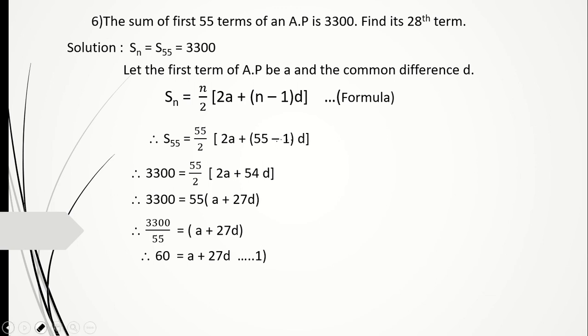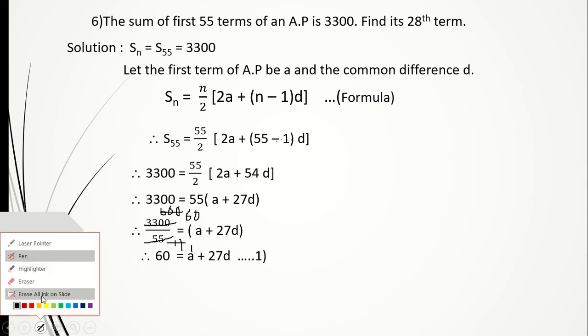You can divide by 5. 5 ones are 5, 5 sixes are 30, 5 threes will remain, 5 sixes are 30 and 0, and then 11 ones are 11, 11 sixes are 66 and 0. So I get the answer 60 over there.